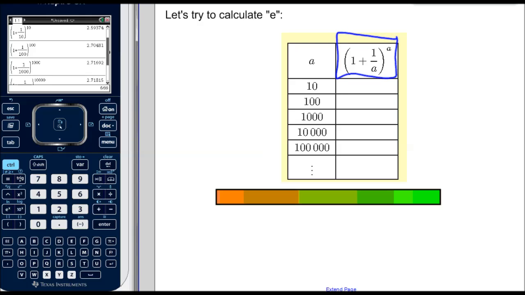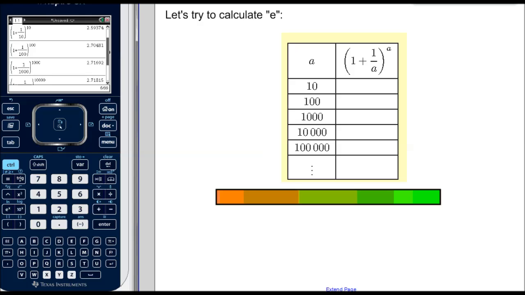Okay, what that means is, you will learn about limits in the future, but basically to simplify that, it's as we make a larger and larger number, so as a gets closer and closer to infinity. So this value here and this value here, as that number gets bigger and bigger and bigger, we are going to get the number e by calculating that expression.